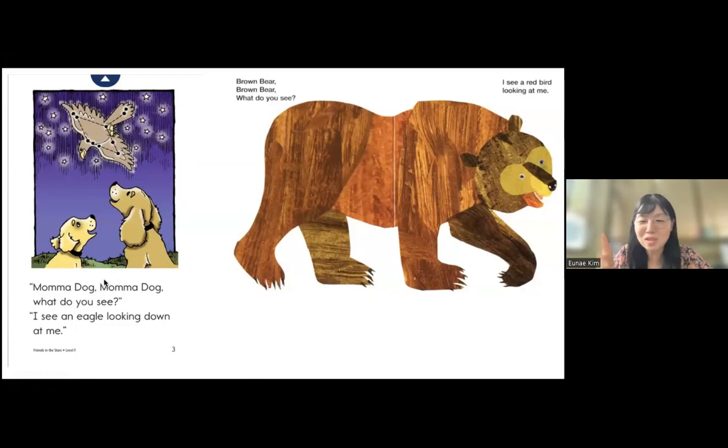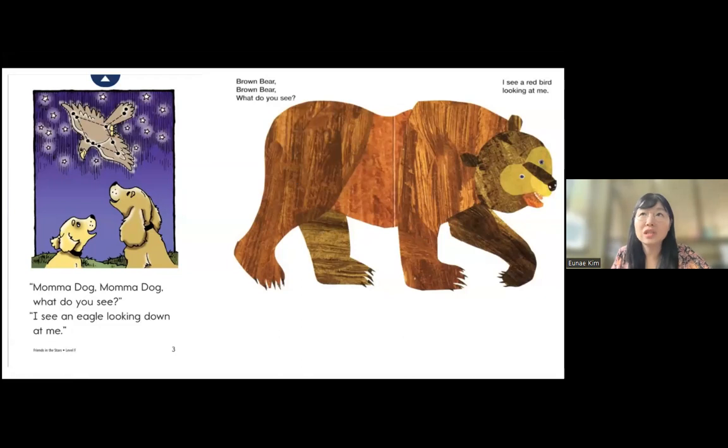According to your reading level, you get something like this with the structure, Mama Dog, what do you see? I see an eagle looking down at me, which is similar to Eric Carle's book, Brown Bear, What Do You See? This book is actually written to entertain, right?